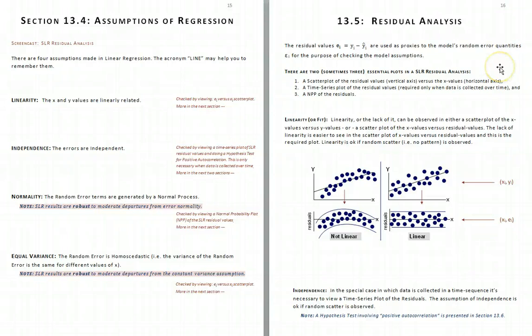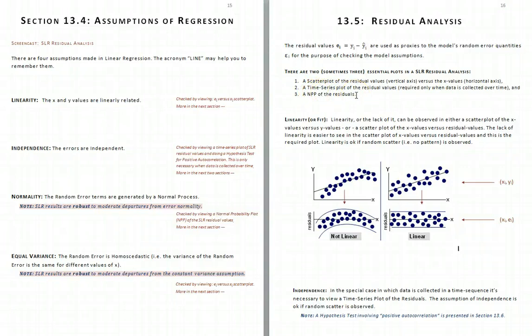When checking the model assumptions, two plots are always required. A third plot is required only when the data is collected in a time sequence. The two required plots are: the first is a scatter plot of the residual values versus the x values. The other required plot is something called a normal probability plot of the residual values.